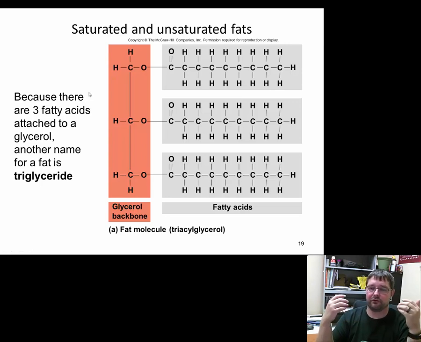There's monoglycerides and diglycerides. But most of the fat molecules that we talk about are in the form of triglycerides, which means they have a glycerol piece, sometimes called the head or backbone, and then off of it you have 3 fatty acid tails.